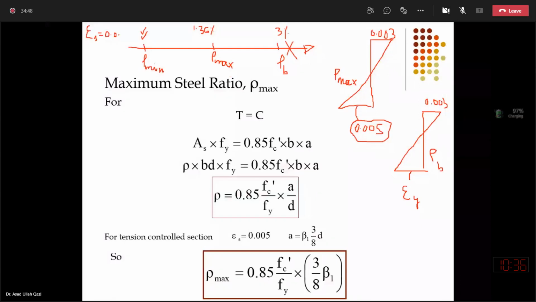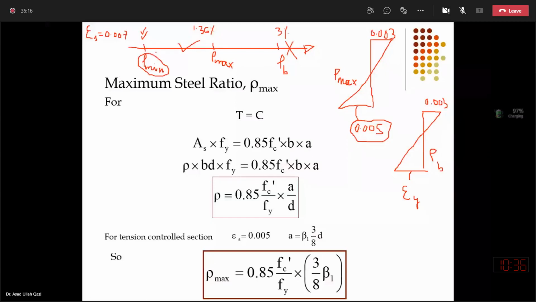So it shows that steel is above 0.005 corresponding to crushing in concrete. So it means we will be in this domain less than rho max, and if furthermore our rho is greater than rho minimum, we will classify our example beam as being in the ideal domain.